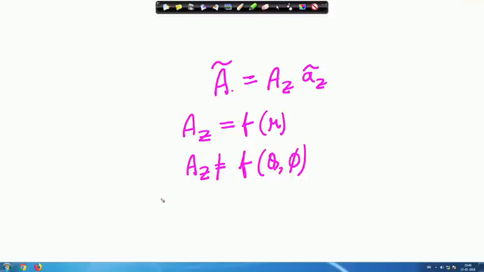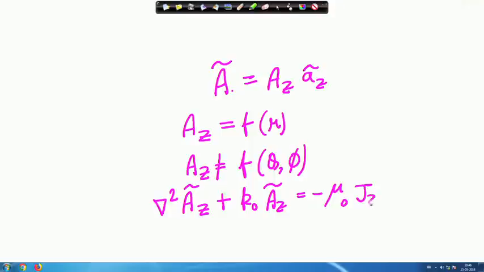So, what will be my equation? The Laplacian equation: del square Az plus k naught square Az is equal to minus mu naught Jz. I will have to solve this equation.